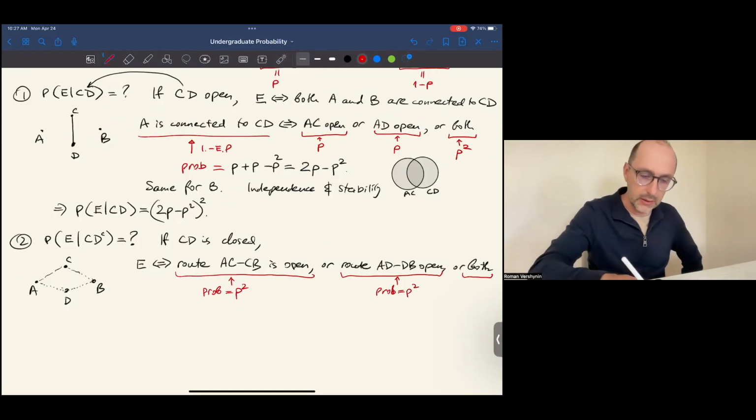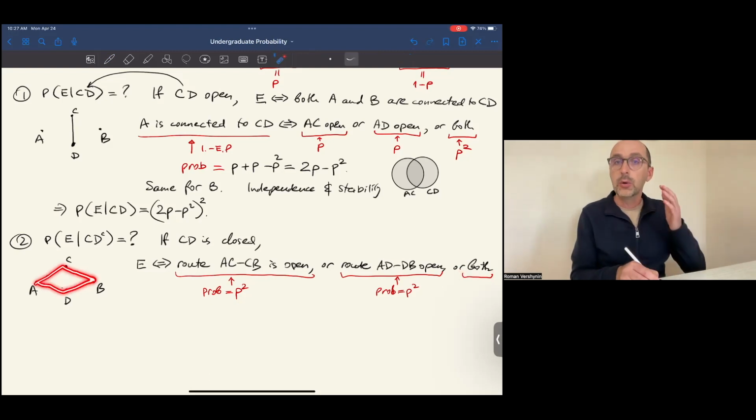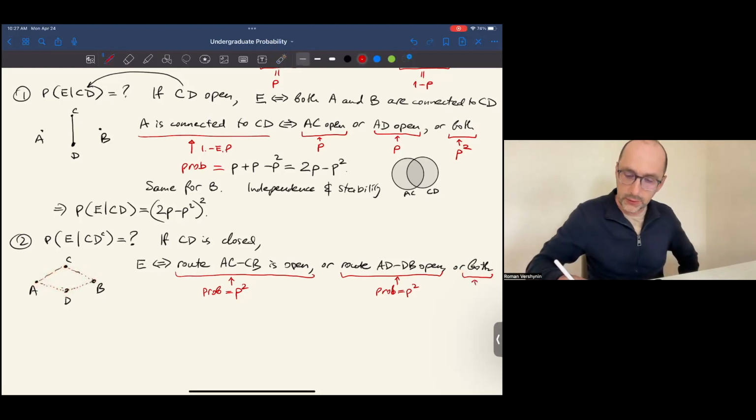And the probability that both routes are open, this and this, would require all four roads to be open. And the probability of that, by definition of independence, is P times P times P times P, or P to the fourth.